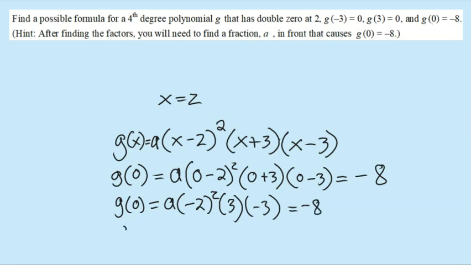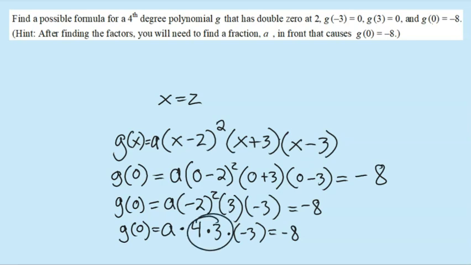All right, so now let's continue the solution. g of 0 equals a times, negative 2 squared, negative 2 times negative 2 is 4. So this is going to be times 4, and then times 3, and then times negative 3, equals negative 8. Well, 4 times 3 is 12. 12 times negative 3 is negative 36.